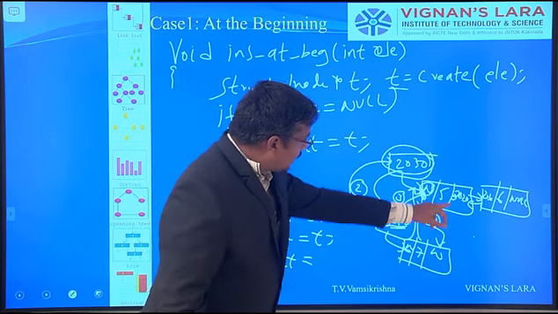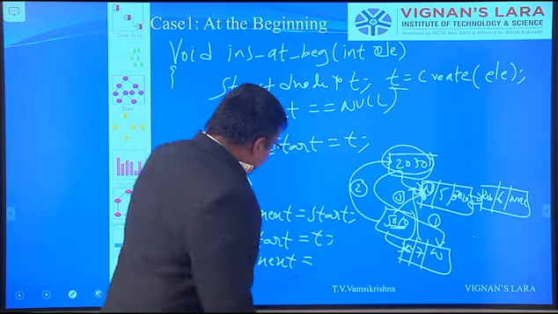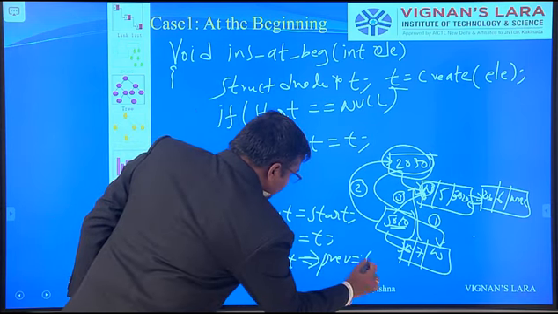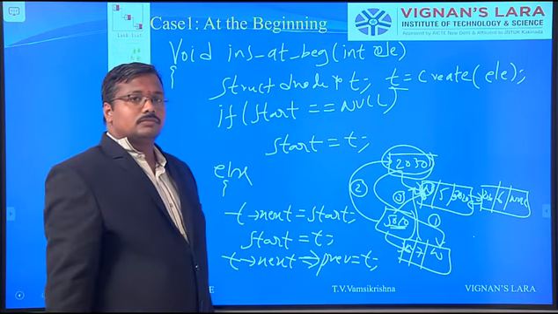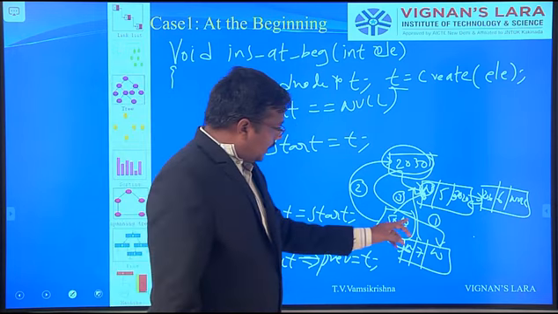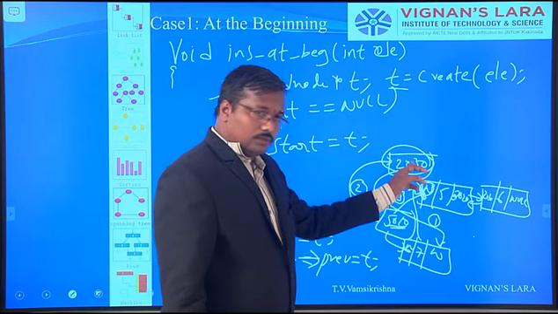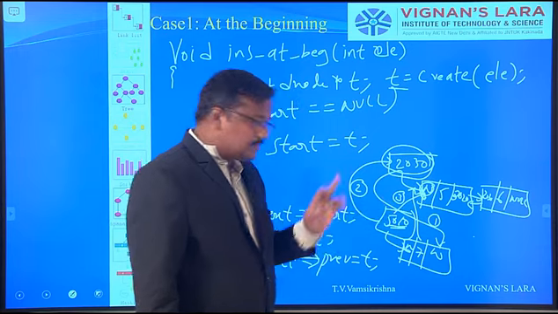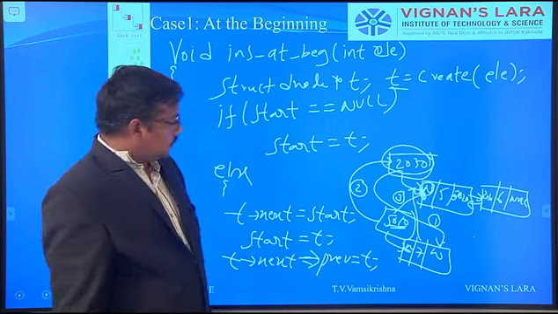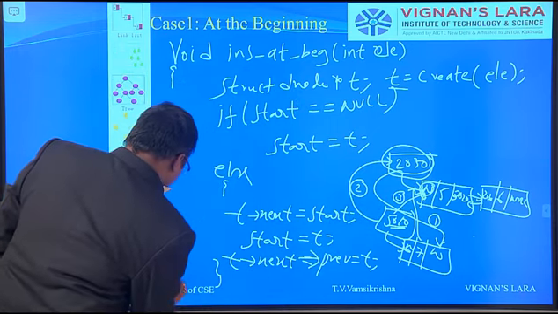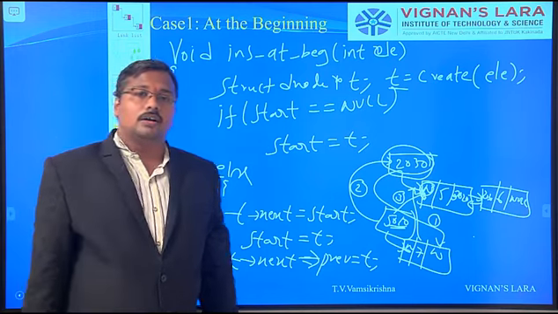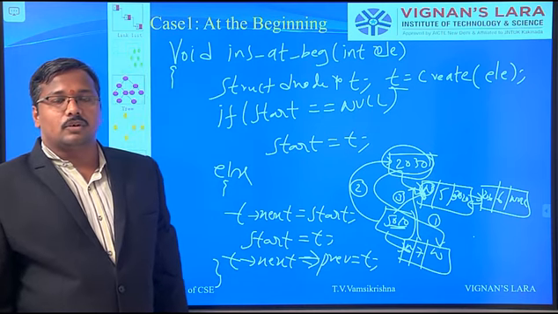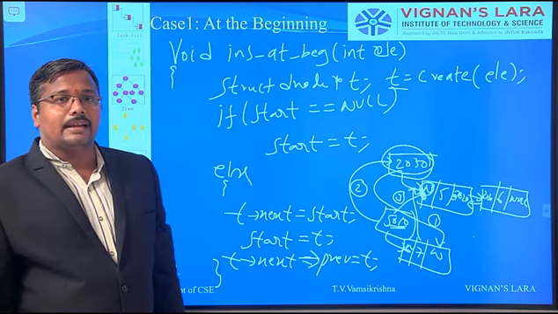Some address is there, this address, of previous is equal to T. T of next is 2030, 2030 of previous. This location contains T. Like that, you can write the code for the insert at beginning function.